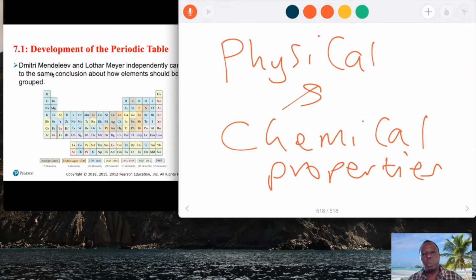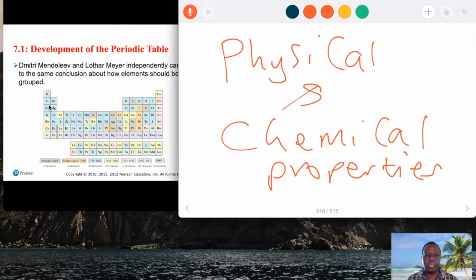Mendeleev was able to predict yet undiscovered elements at that time, and therefore he gets the credit for developing the modern periodic table the way it is, even though he was not using the atomic mass the way we know it.